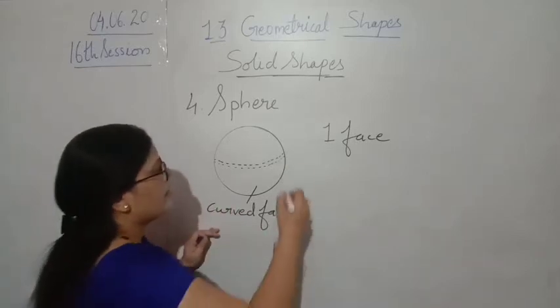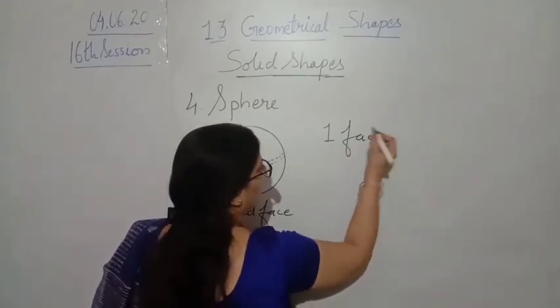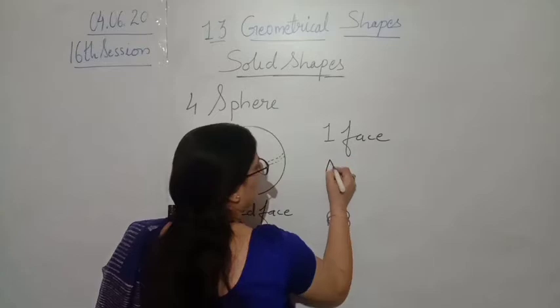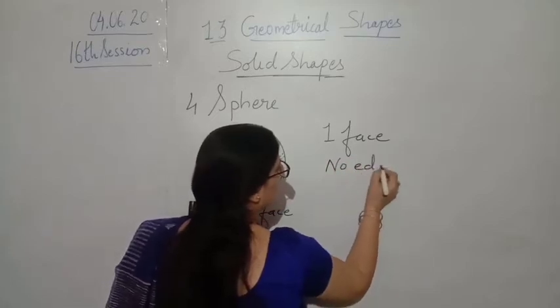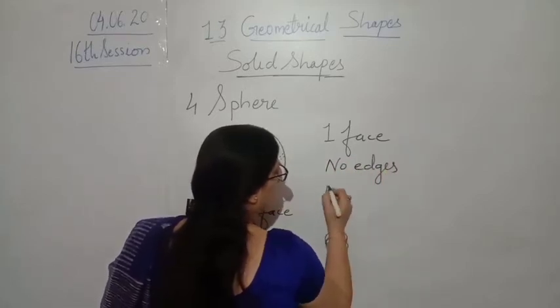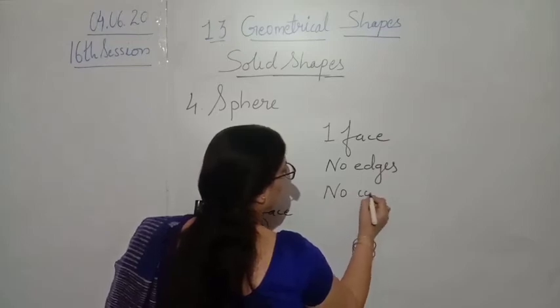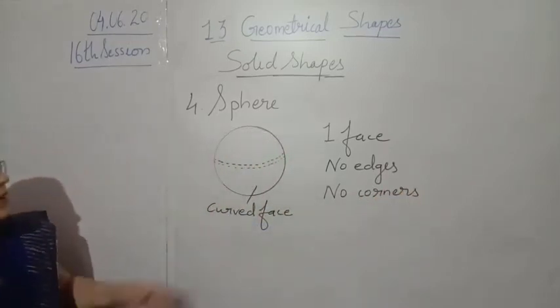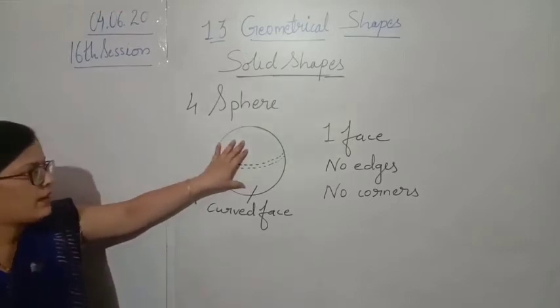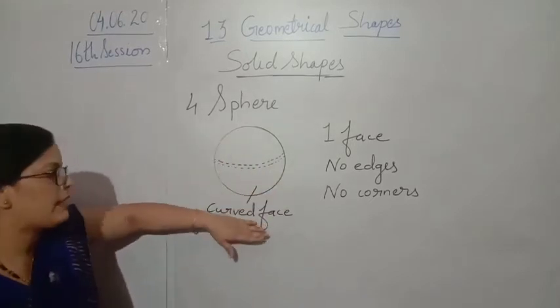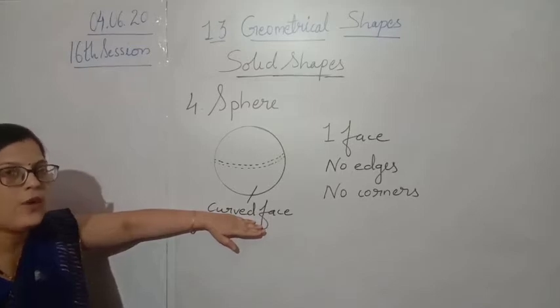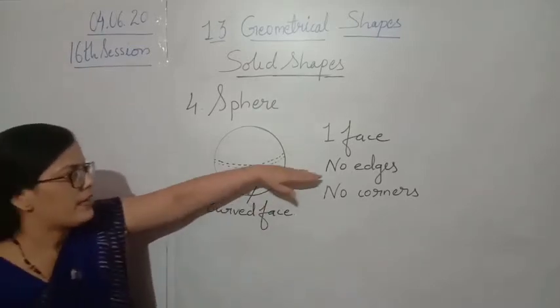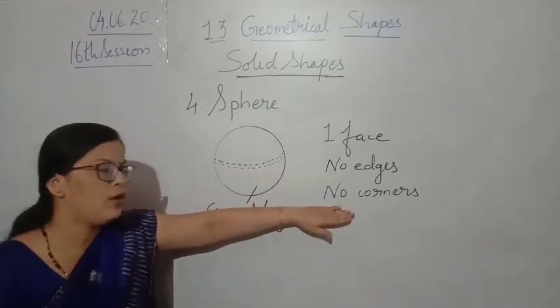Now see here, one face which is curved. It has no edges and no corners. A sphere has only one face and it is curved. A sphere has one curved face. It has no edges and no corners.